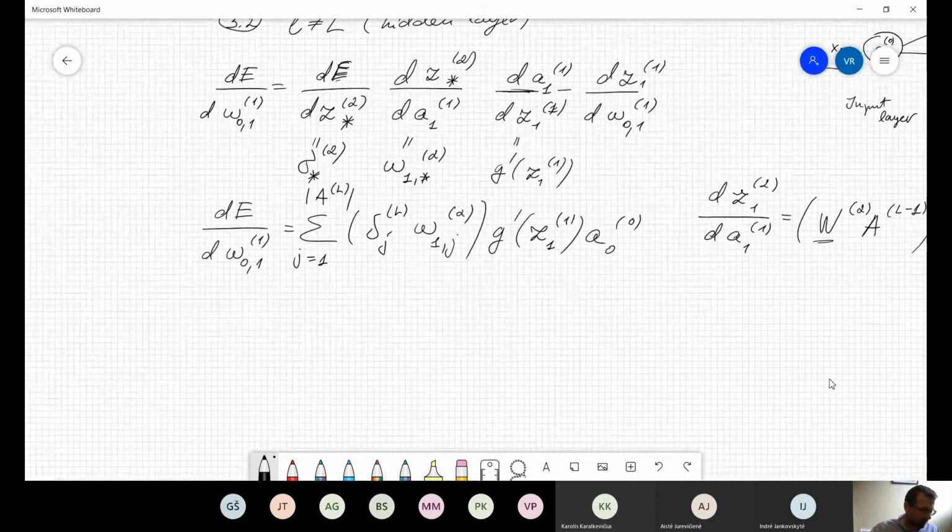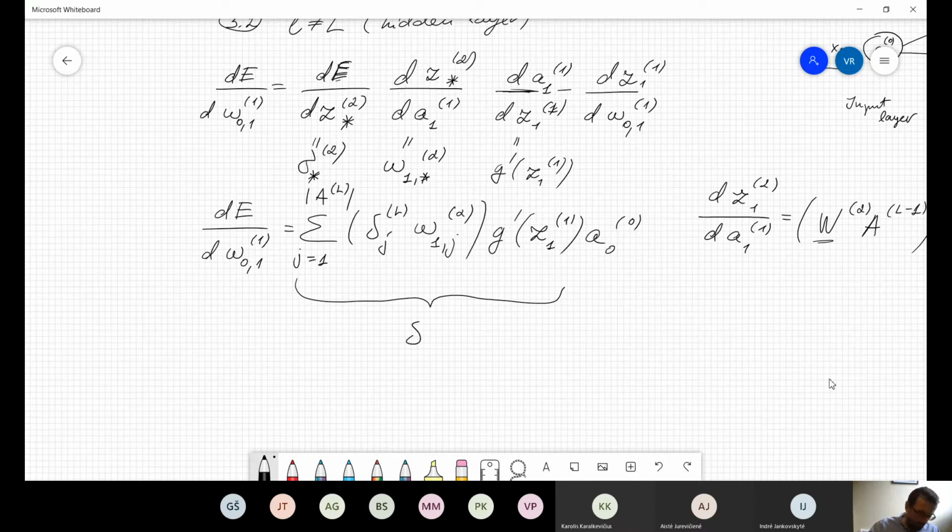If we look at it in a more precise way, we see that this part is again the delta rule, not on the L layer, but specifically on the first layer and the first neuron.